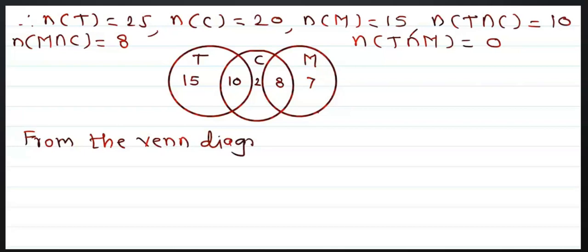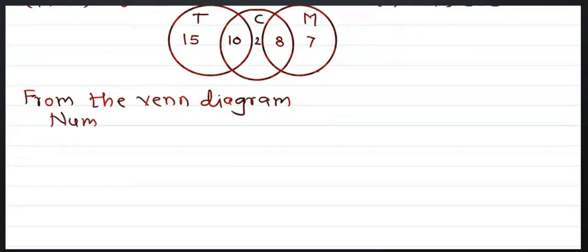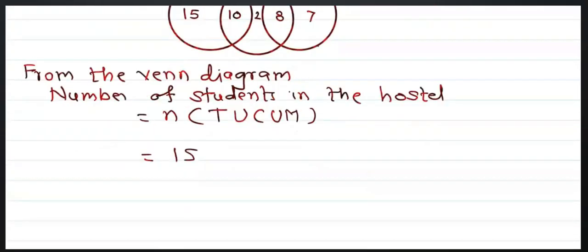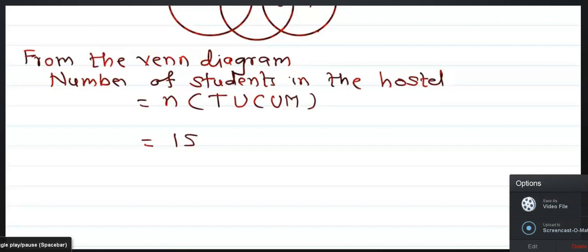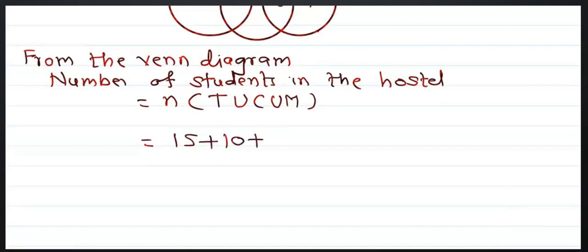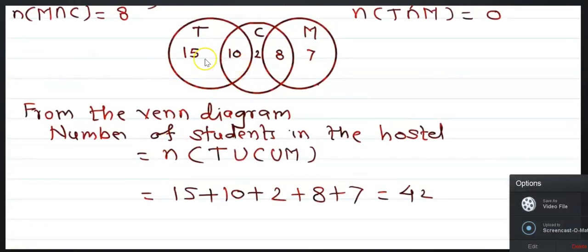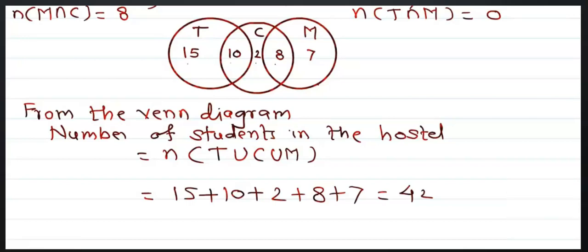Therefore, from the Venn diagram, the number of students in the hostel is equal to n of (T union C union M), that is 15 plus 10 plus 2 plus 8 plus 7, and that is equal to 42.